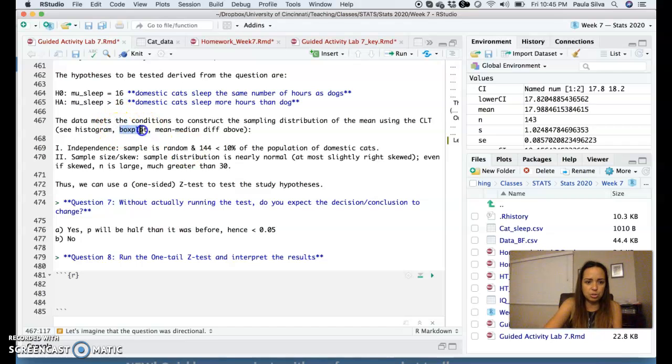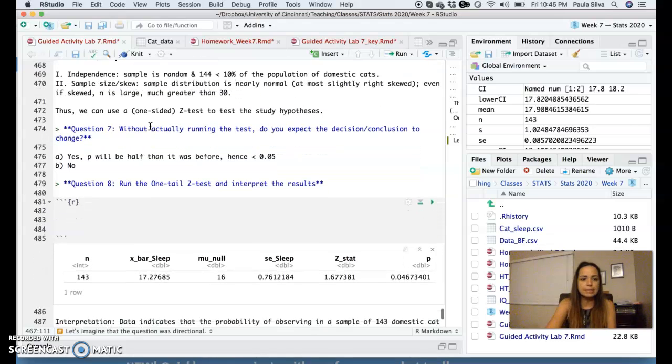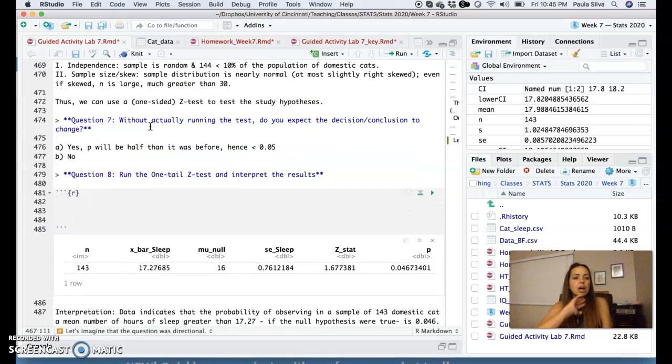We looked at histograms and mean, median difference above, so that's all good. To know that it's not skewed, we have a large data set, and we can sort of assume independence because the observations have been randomly sampled, and we have a sample size that is not more than 10% of the population of interest, which is the population of domestic cats.